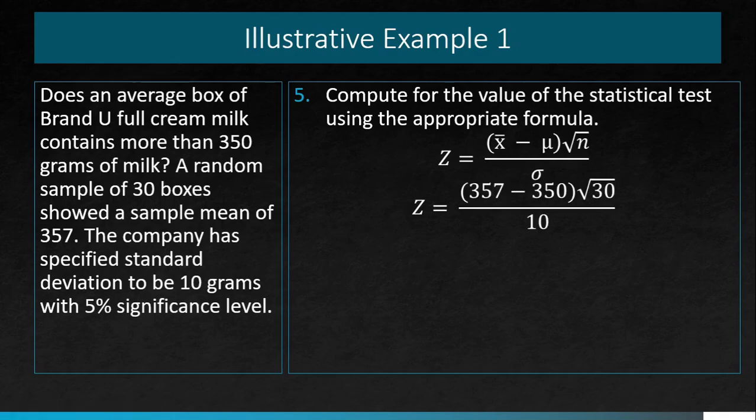If you substitute those figures, we have 357 minus 350 multiplied by the square root of 30 divided by 10. If we simplify, we arrive at 3.83. That's our computed value.